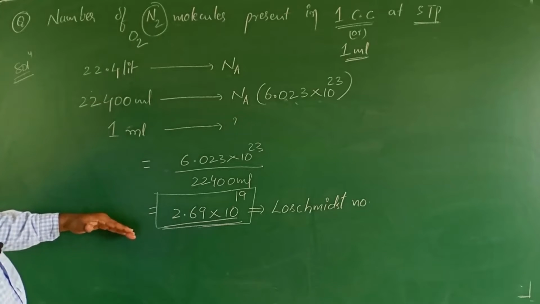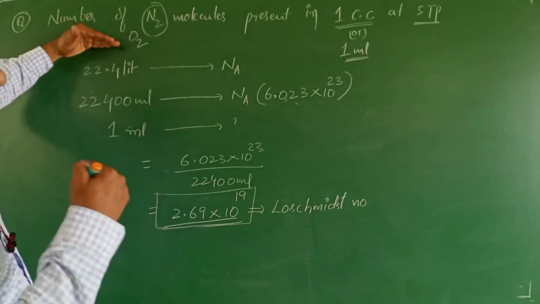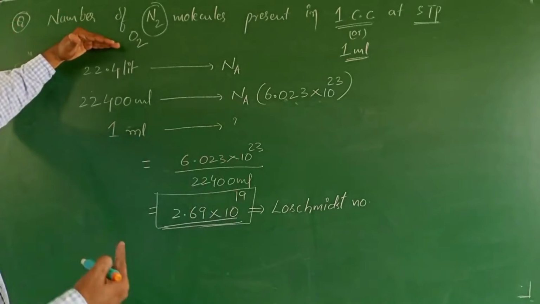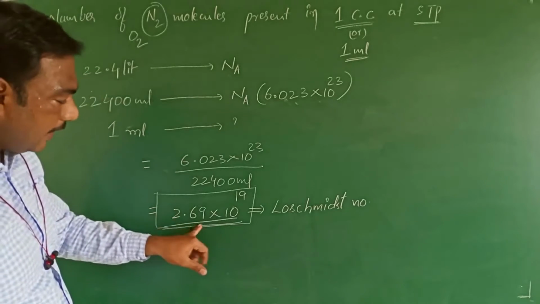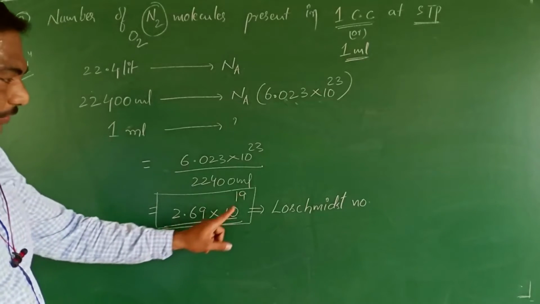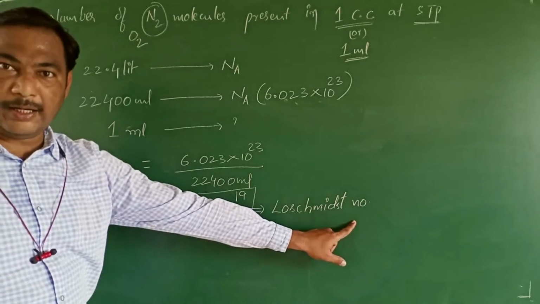There is no change. That means, for every 1 cc or 1 ml of a gas at STP, the number of molecules present is 2.69 into 10 power 19, which we call Loschmidt's number.